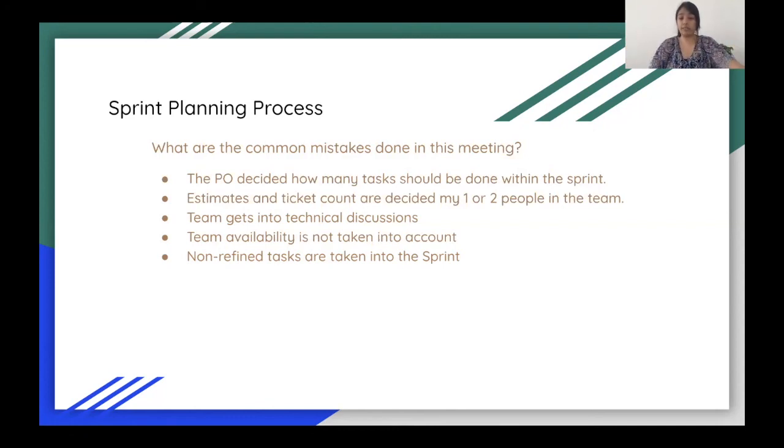There are exceptions. If you have bugs, if there are problems, of course you cannot sit to refine those tickets. Those will just be taken into the sprint, and then you refine those tickets on the fly. But do not take in tickets where you're developing a new feature or doing something really major without refining it with the entire team.